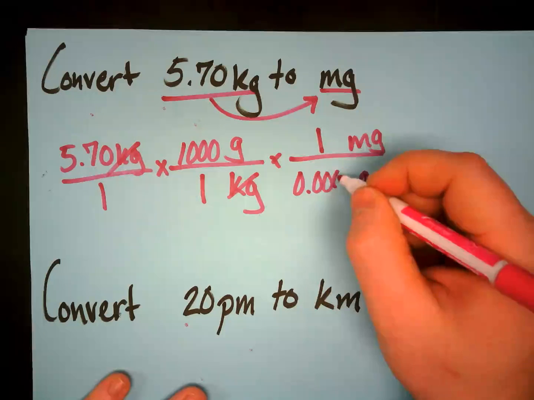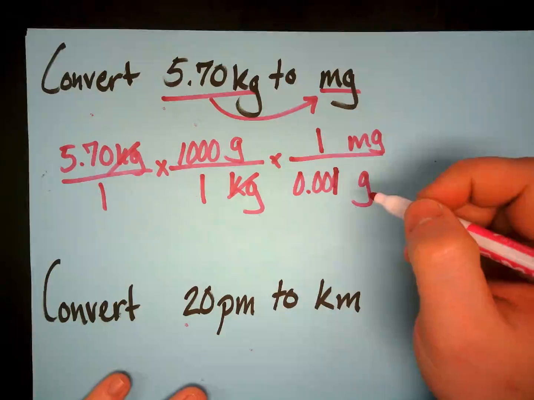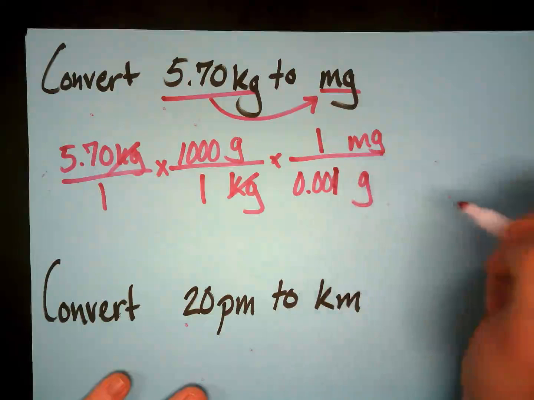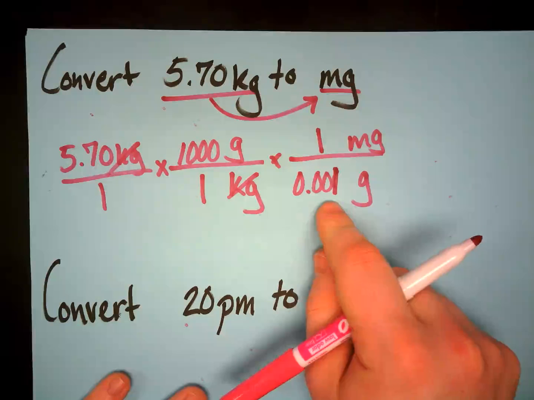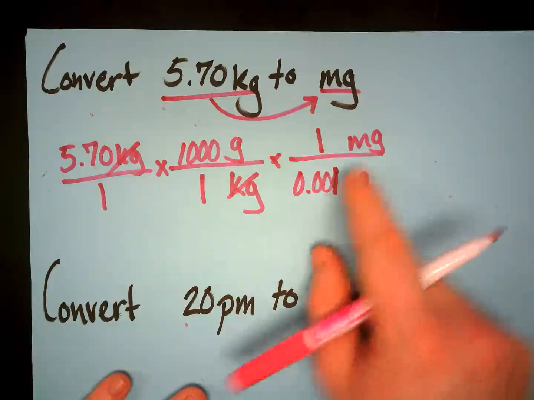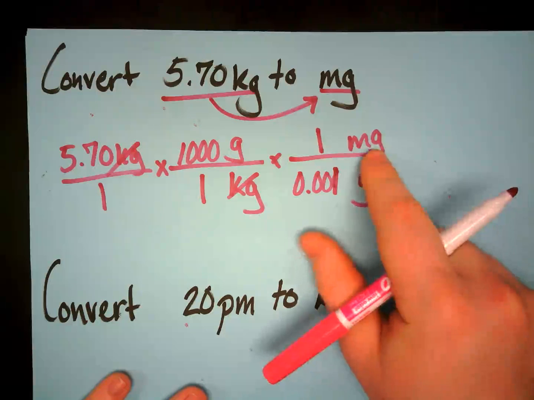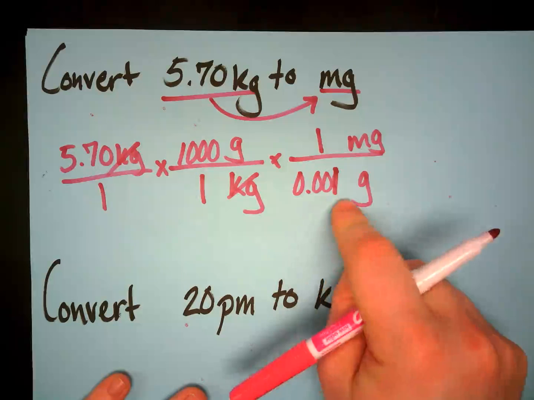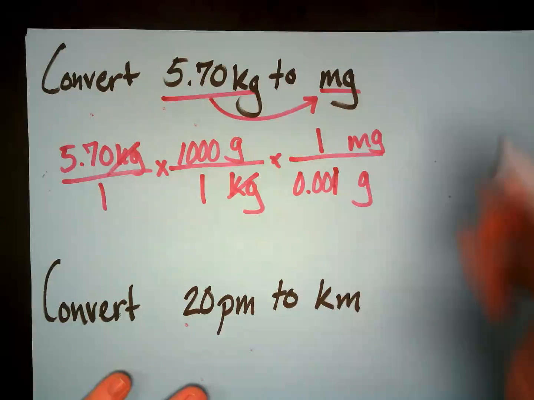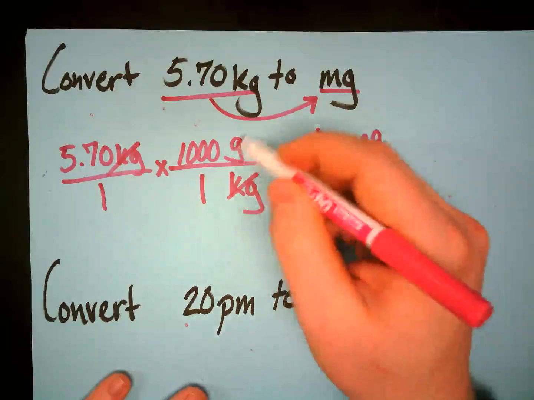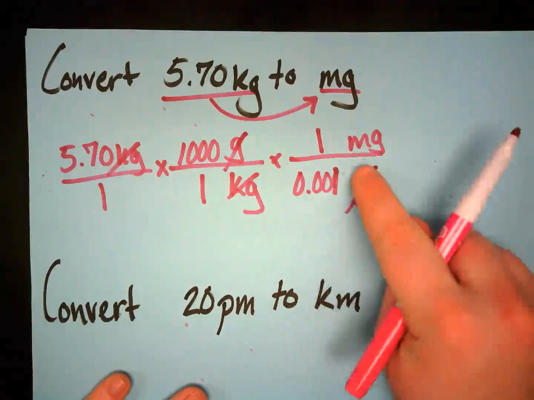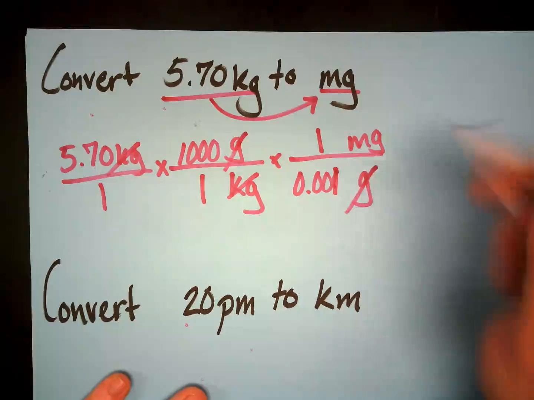Oh my goodness. Yeah, that's right. 1, 2, 3, yeah. Okay, and then the number of grams, sorry for the little delay there, the number of grams that are found in 1 milligram, that's 0.001 gram. Okay, grams would cross out, and then we are left with our units of milligrams here.